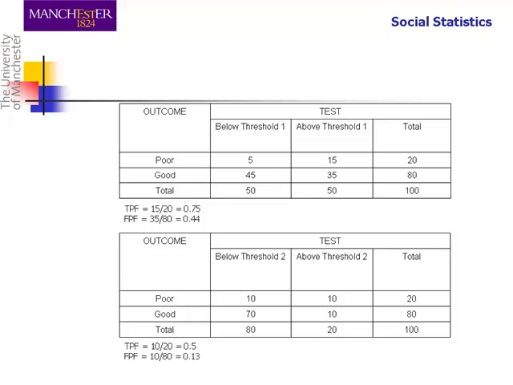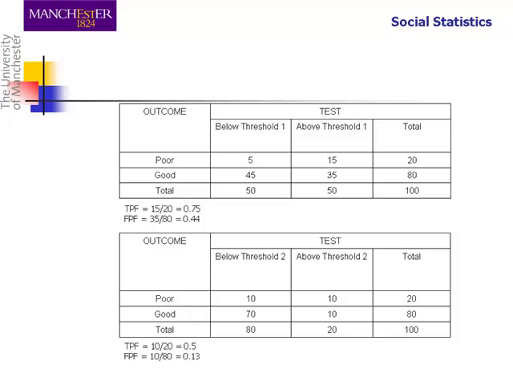This is a bad thing, but the false positive fraction goes from 0.44 to 0.13, which is a good thing. And we could do that over and over again, for any possible value that we could think of for the threshold. And if you think of these as continuous variables, then the threshold can vary continuously.